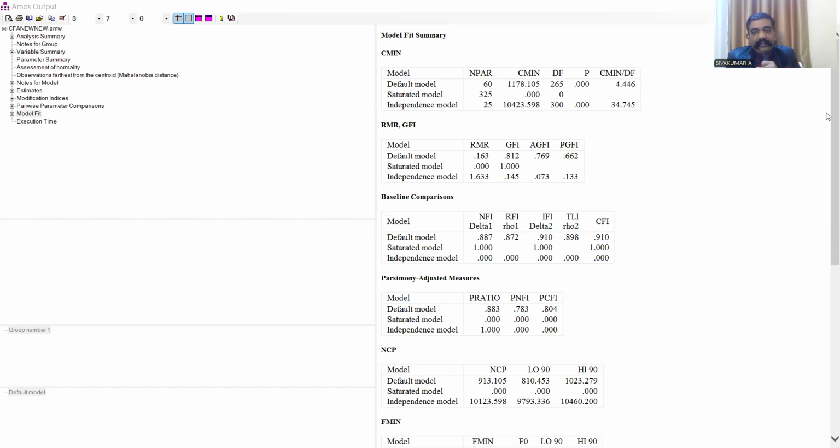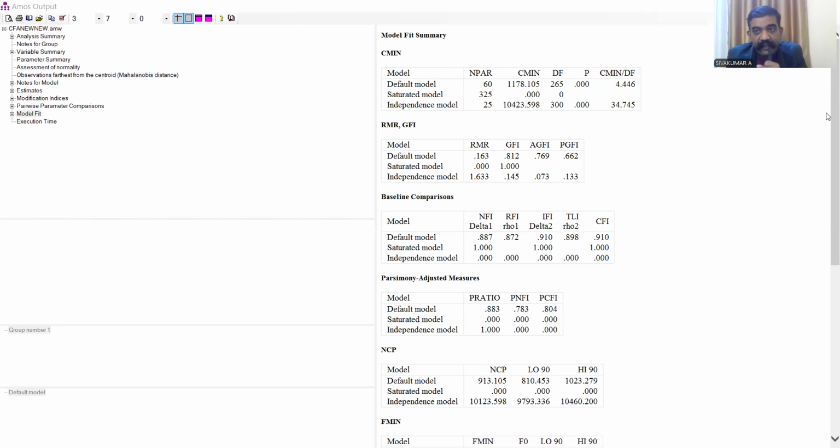It's not good, but it is acceptable. In our table, the chi-square value, that is CMIN, is 1178.105. Degree of freedom is 265. The p-value is 0.000, which is desired.